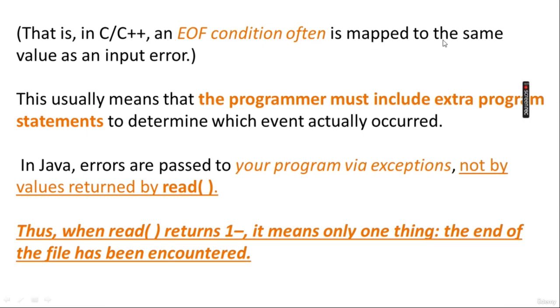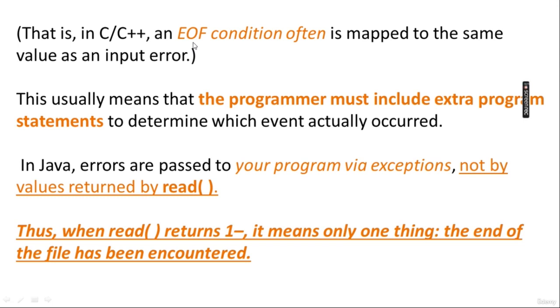The EOF condition is often mapped to the same value as an input error. So we cannot differentiate in C++ whether it is an error condition or the end of file condition. The programmer must include extra program statements to determine which event actually occurred. But in Java, errors are passed to your program via exceptions.